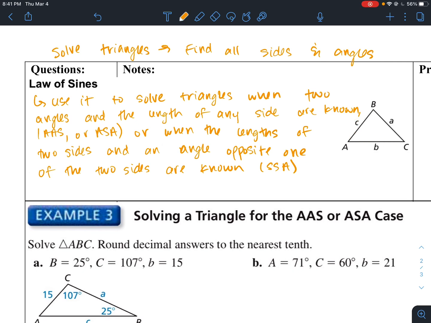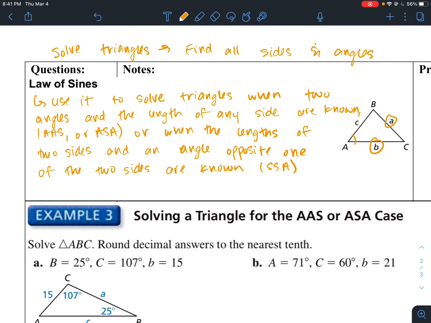Or, whenever you have a side and then the angle. So when the lengths of two sides and an angle opposite to one of those sides are known.